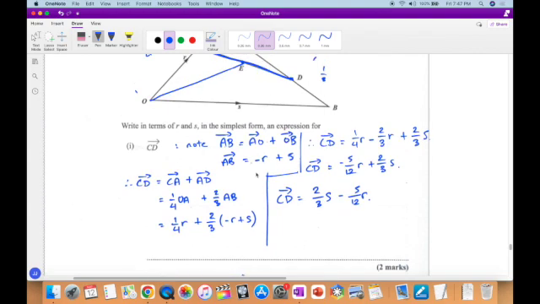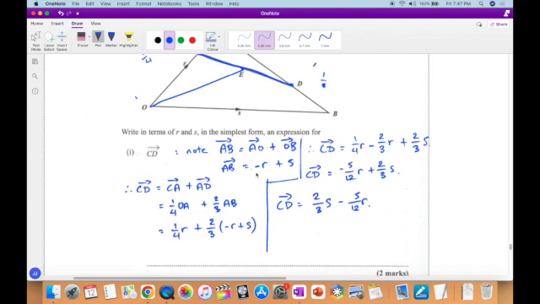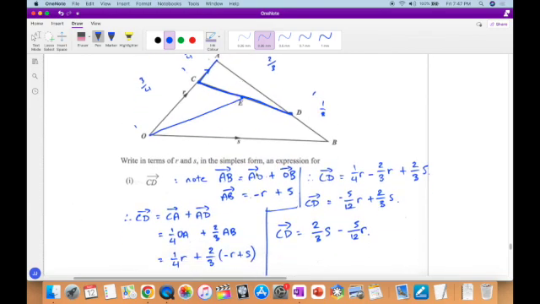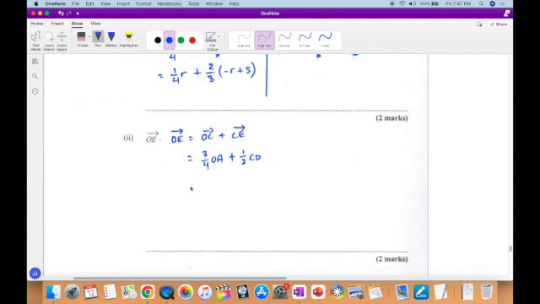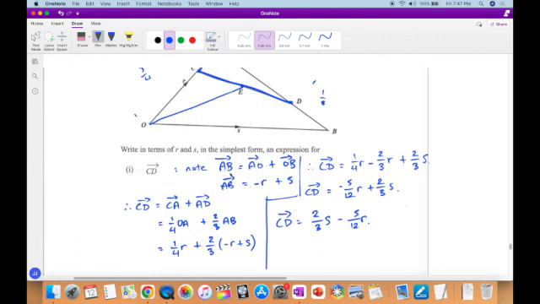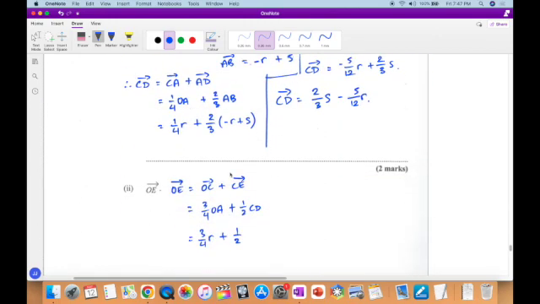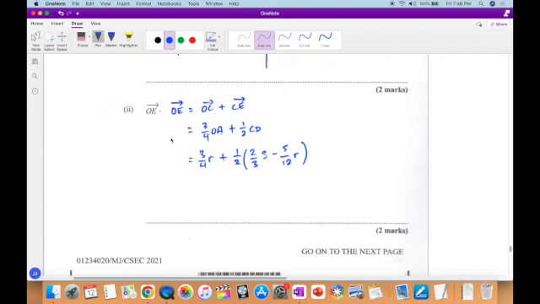So 3/4 OA, and OA is R, so that would simply be 3/4 R plus a half into CD, and CD is this madness here. So a half into 2/3 S minus 5 on 12 R. And yes, we do need to simplify.